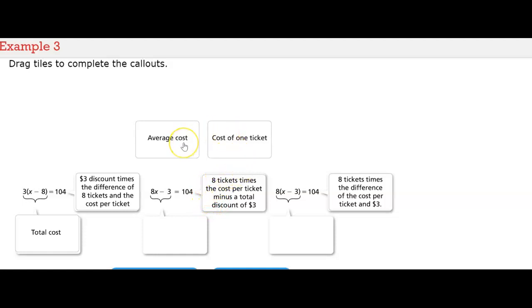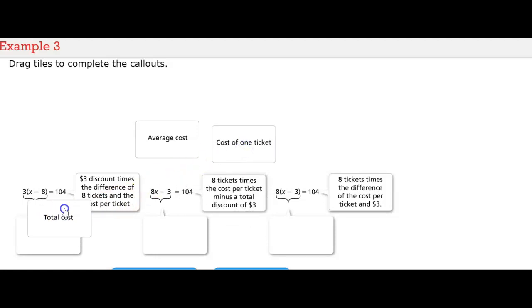And then we have average cost and cost of one ticket. I think that this one would be, let's see. No, let me change.